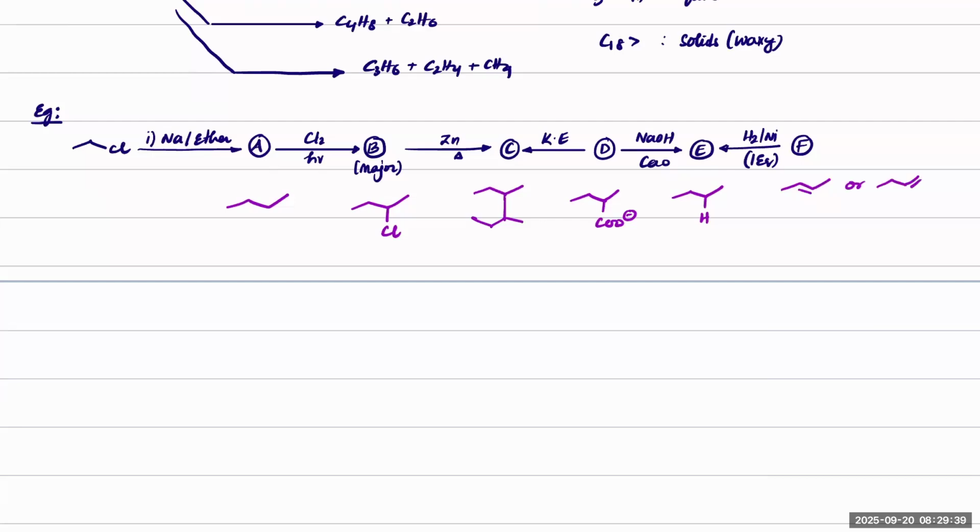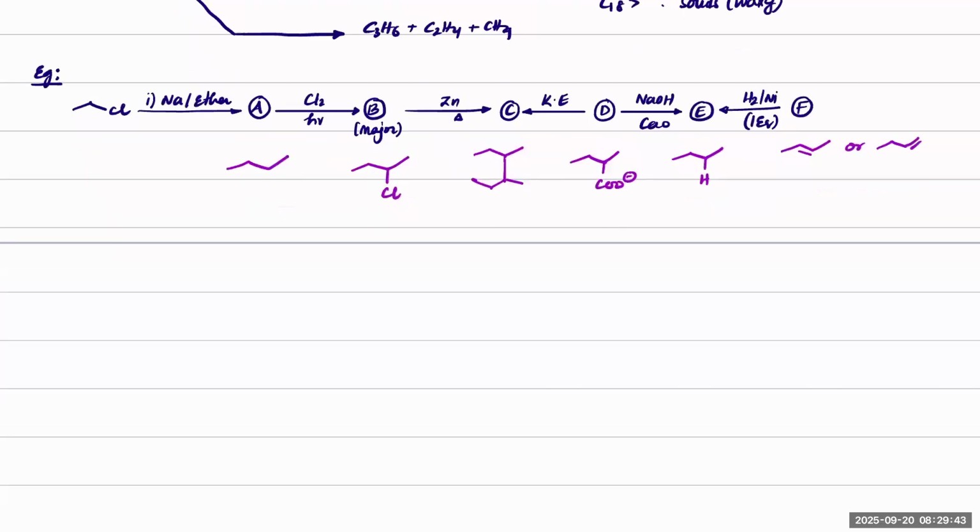Clear? Now the question usually asked is this one: number of possible reactants of F. How many possible reactants of F? What are the possible reactants? This is 1.